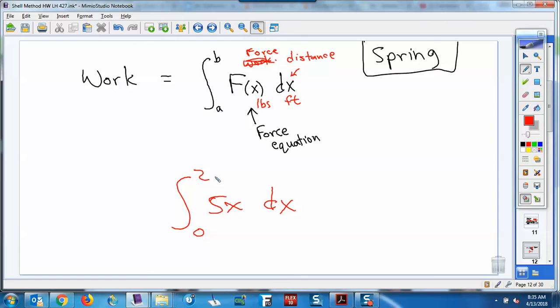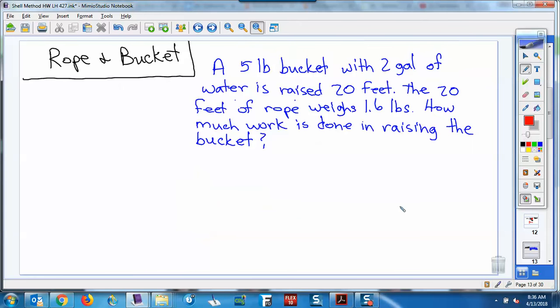And now all of a sudden, your integral might be from 1 to 2. How much work is done stretching it from 4 feet to 5 feet? That'd be from 1 to 2 then. The natural length is 0. That's important. Anyway, you just do that, and your answer's in foot-pounds, and you got it. So spring is a pretty easy one.